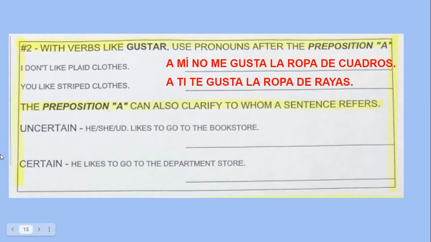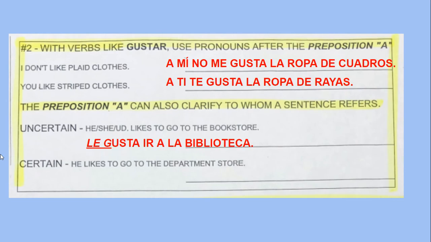The preposition a can also clarify to whom a sentence refers. So if I said he or she, I'm not sure. But if I want to know for sure, you have to clarify. So I could say, le gusta ir a la biblioteca. And that could be he or she or you formal, that you like to go to the library.